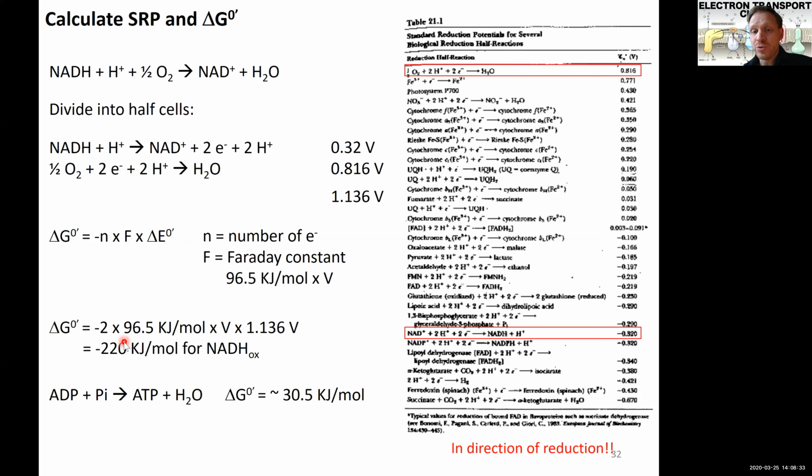So what I would encourage you to do at home as homework is to walk through all the individual half reactions of the individual complexes, just to practice using these SRP values that I've given you in this table, and using this formula to calculate the delta E0 primes and the delta G0 primes for the individual complexes.